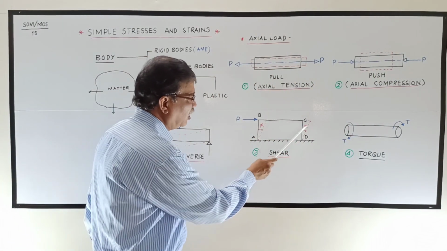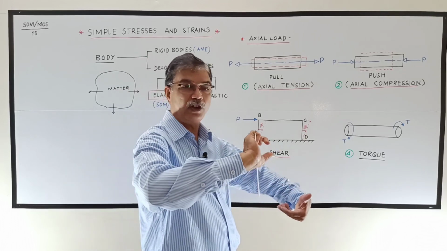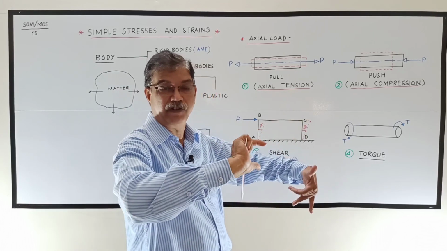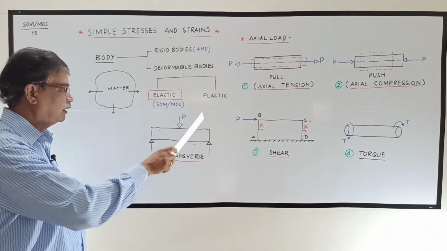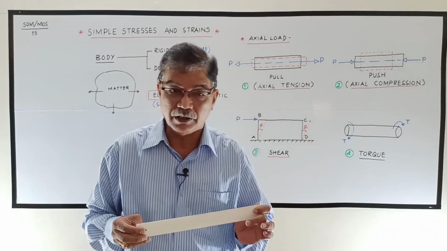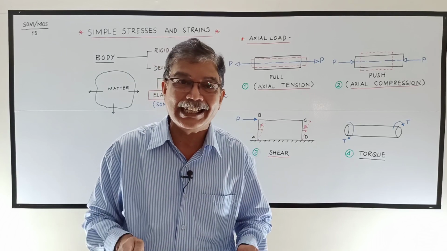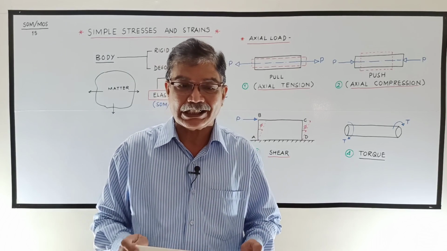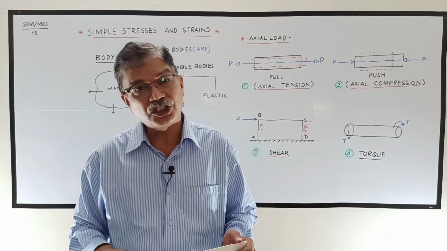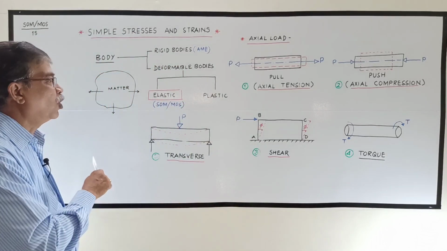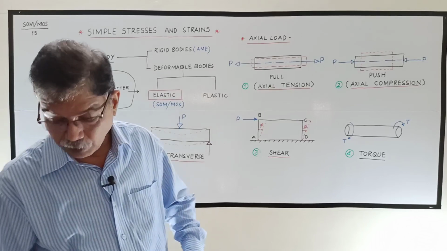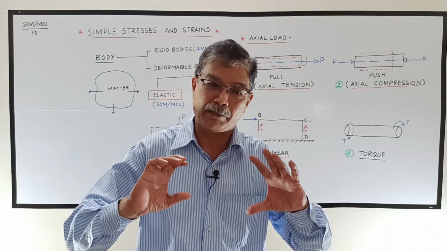Here it is angular deformation. In case of torque, it is in the form of twisting, and in case of transverse load, it is in the form of bending. So this deformation can be extension, contraction, bending, twisting, or angular deformation, depending upon the type of load acting on it and its magnitude.